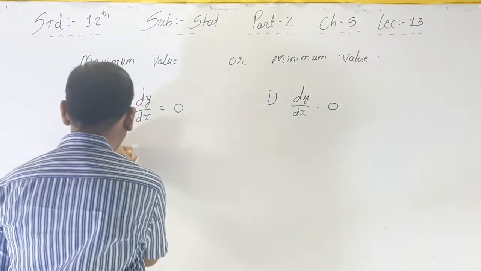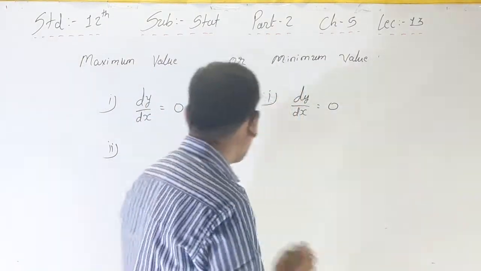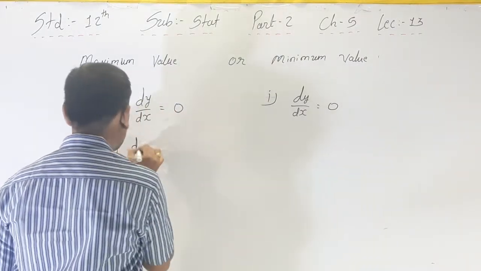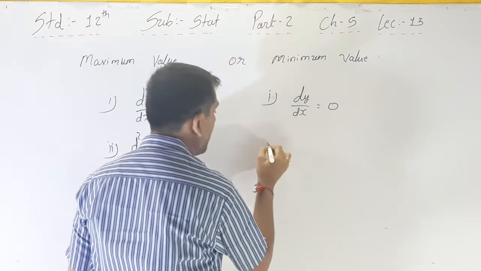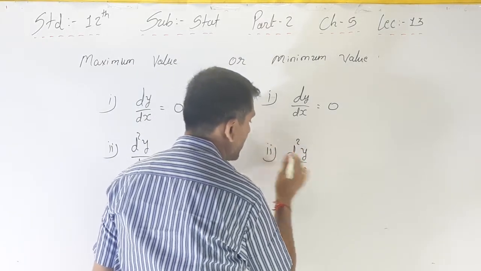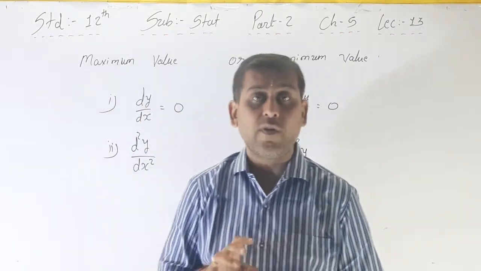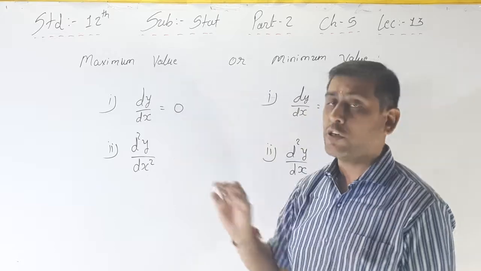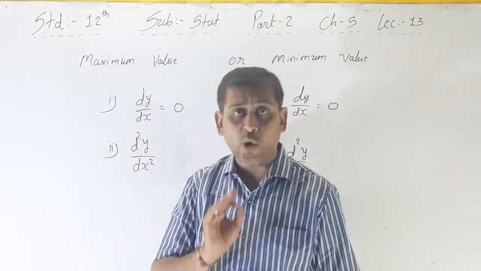And what is the second condition? We have to find out the second derivative, that is d square y by dx square. See, in the first step, whenever we take first differentiation equal to 0, we find the stationary value, that is the value of x.